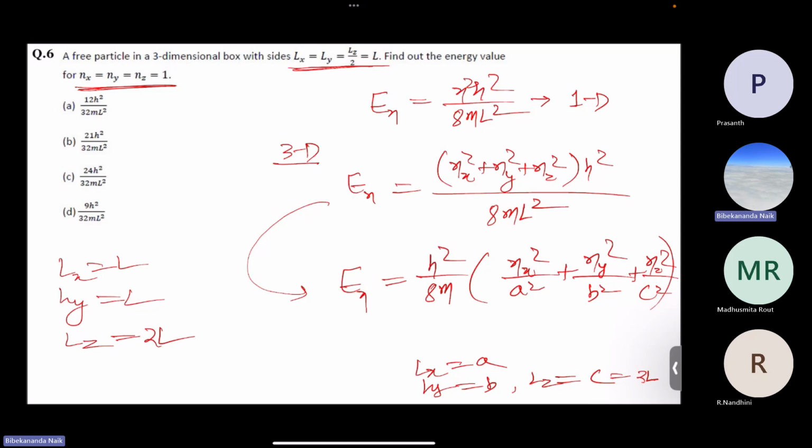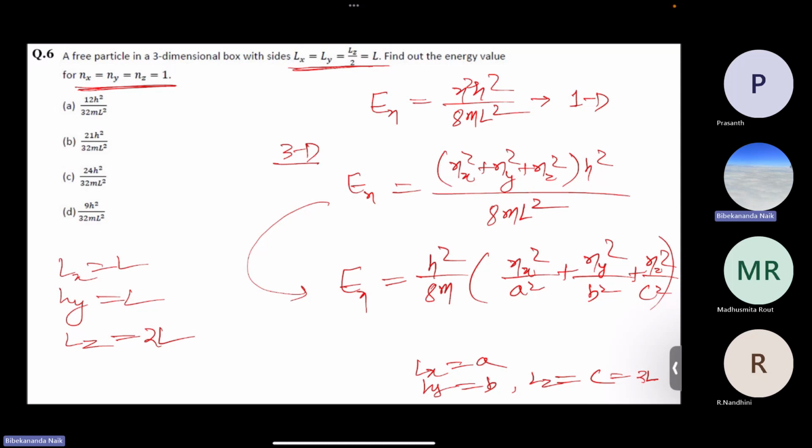It will be Nx square plus Ny square plus Nz square. And here in the denominator, we can also take different values of L. Here the single L square means all the dimensions along these 3 dimensions x, y, and z are similar. So in all the cases, it will be L square, L square, L square.